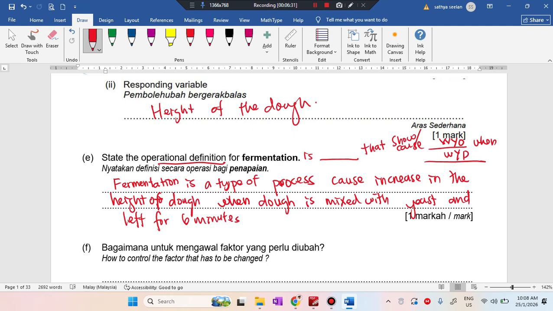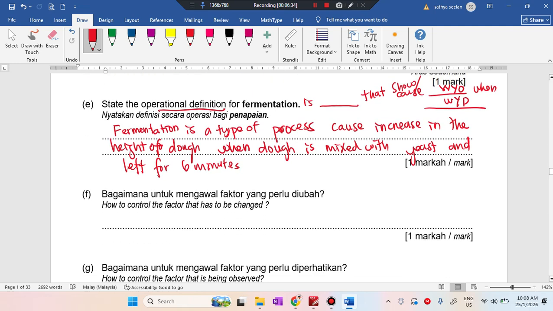Okay, how to control the factor that has to be changed? Factor that has to be changed is the manipulated variable. So for manipulated variable, how do we answer? Use different what. So here, the difference is the one you put yeast, another one you don't put yeast, right?